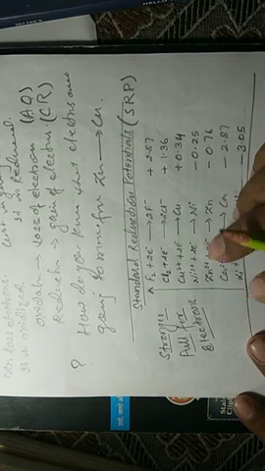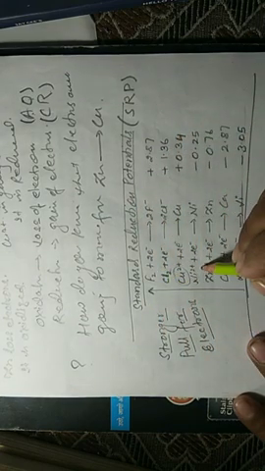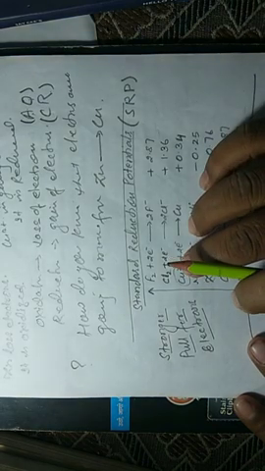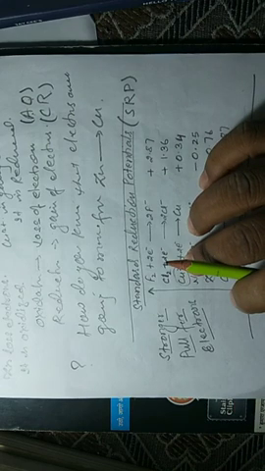Here copper is above zinc. That's why copper has strong electron gaining capacity.